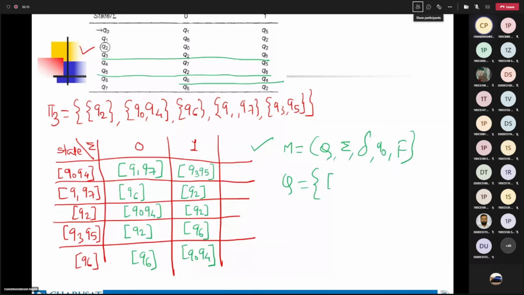We can write down the states like this: Q0, Q4, then Q1, Q7, or you can relabel them, no issue. And Q3, Q5, Q6.